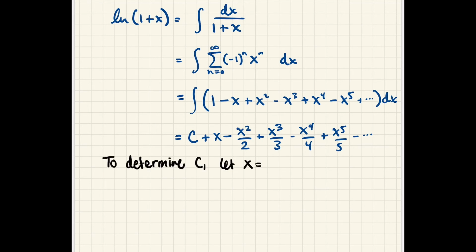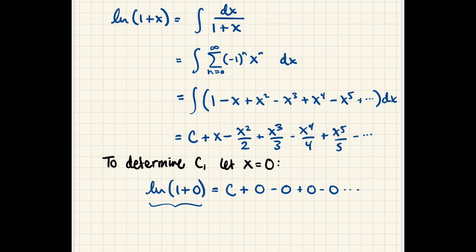So we have to choose an x value to plug into both sides of this equation that will help us find capital C. So just look at the series and ask yourself, what x value can we plug in that will eliminate all the terms? And in this case, and in many cases, that is simply x equals 0. So on the left-hand side, we're going to get ln of 1 plus 0. And on the right-hand side, we're going to get c plus 0 minus 0 plus 0 minus 0. So we can see, of course, that c is equal to 0.